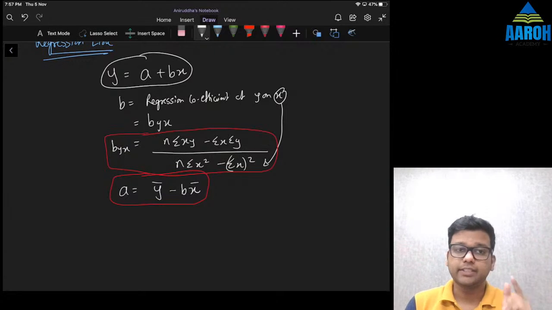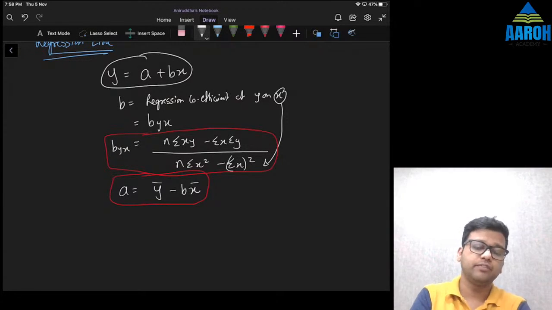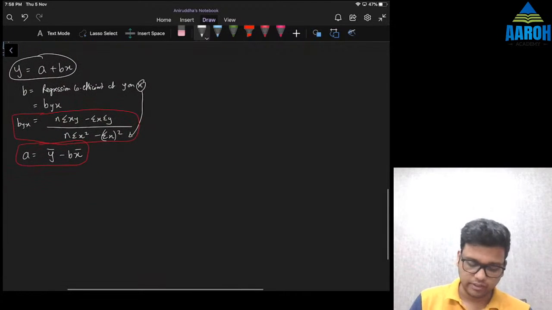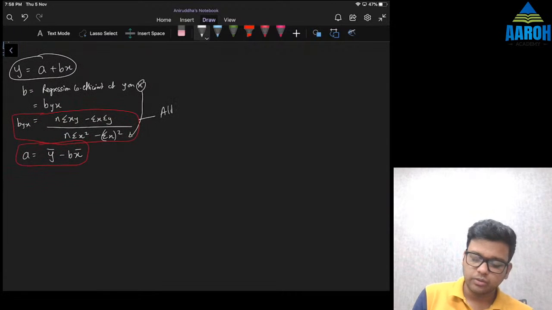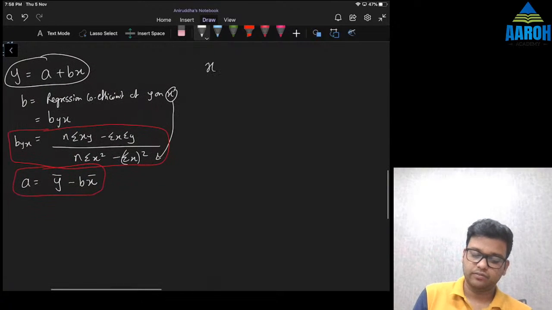This gives us byx and a. Okay, right now we are just revising, so that is okay. Let's try to apply this formula in some question to see if this works. There is alternative formula also using covariance, which we'll see later in properties. Right now, let's try to use this formula in some x and y question.